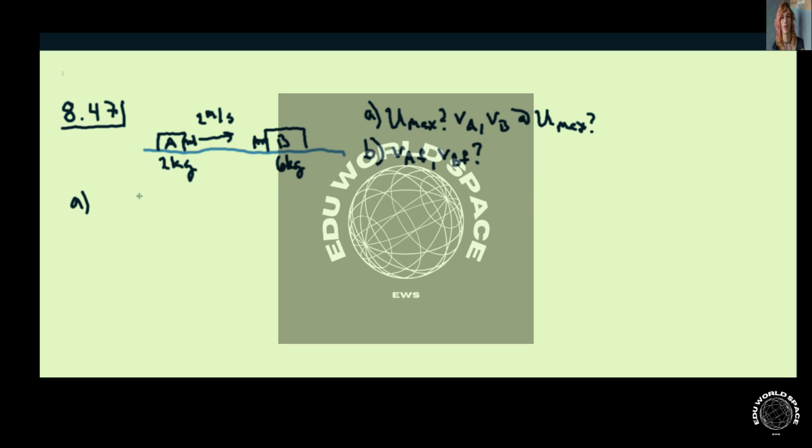So we can use the conservation of momentum, because that's always true, to find what the speed of the two blocks is when they're moving together with the maximum potential energy in the spring. And they're going to be moving together at the same speed, because if they had any motion relative to each other at that moment, the spring wouldn't be compressed all the way.